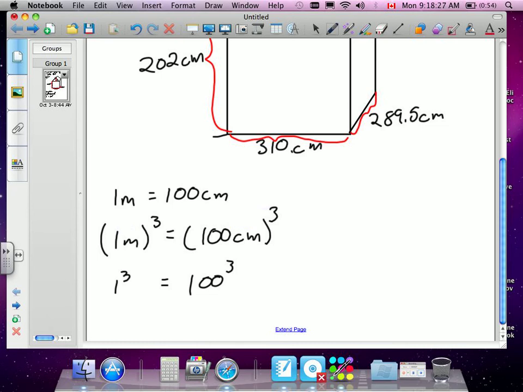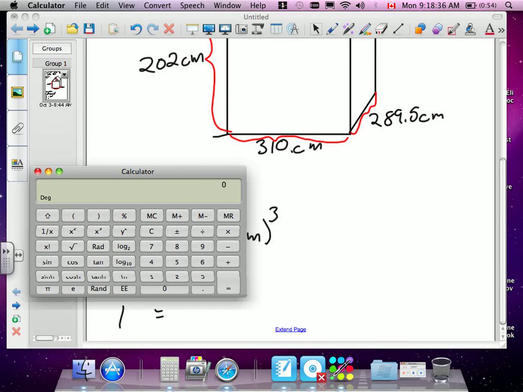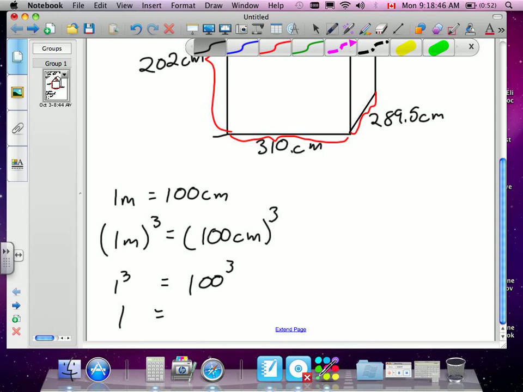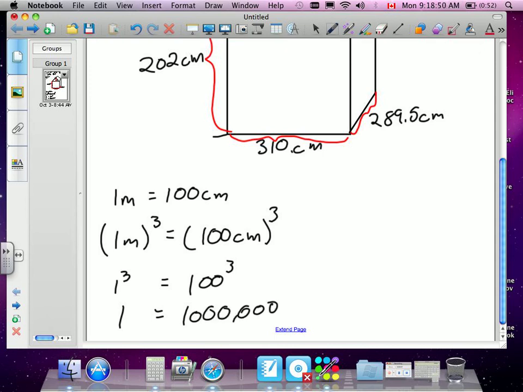Just 1. 100 cubed is different. Bring up the calculator. 100 to the power of 3 gives us, is that a million? Yeah, that's a million. So, what that means is 1 meter cubed is equal to 1 million centimeters cubed, okay?